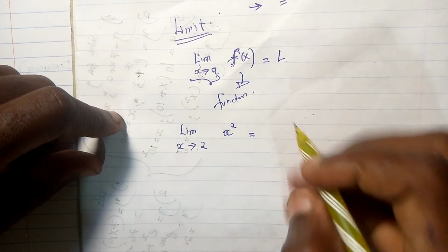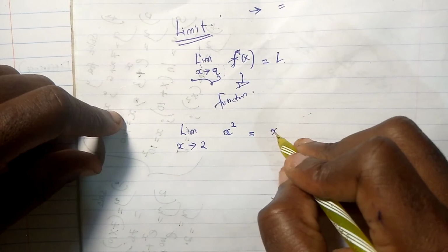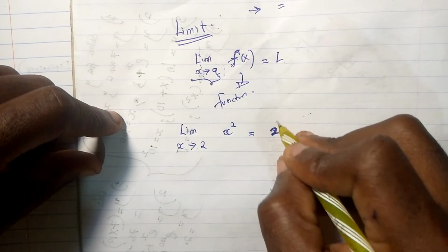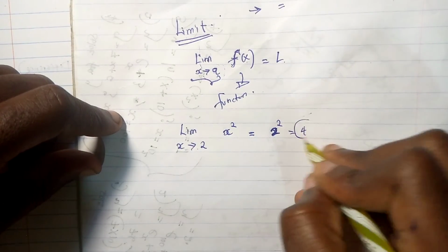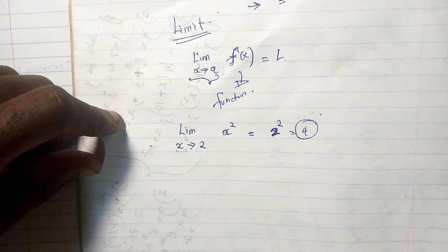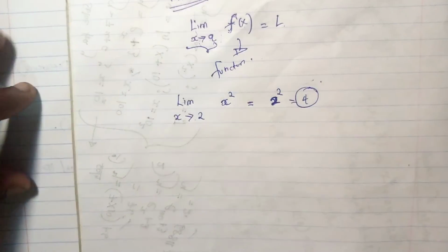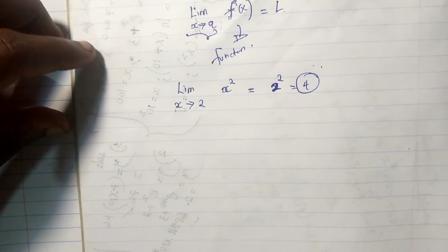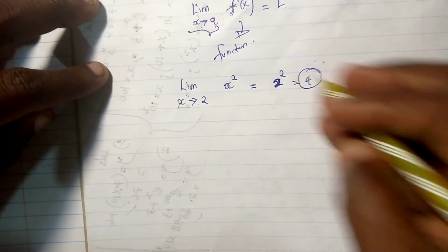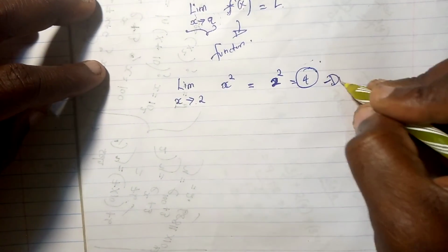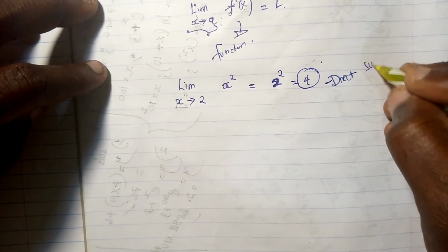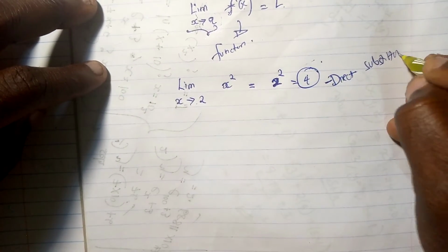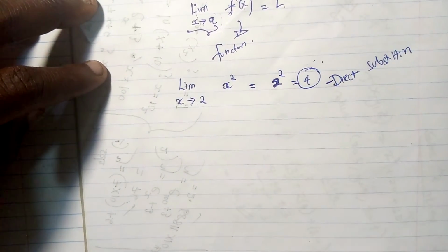So it is going to be 2 squared, which is 4. Even as new as we are to limits, we can evaluate a limit through this process known as direct substitution, because you just put the value inside there.